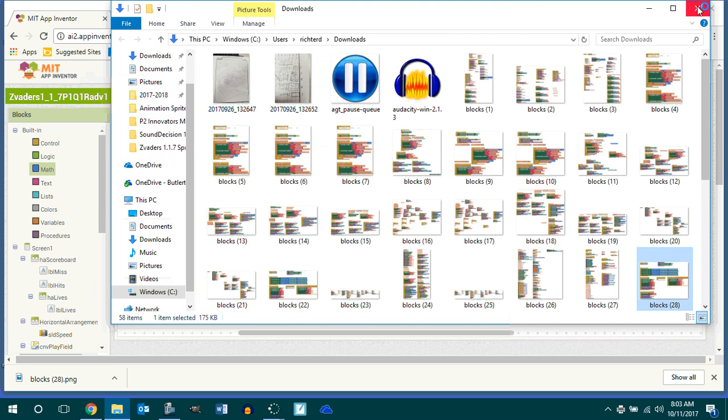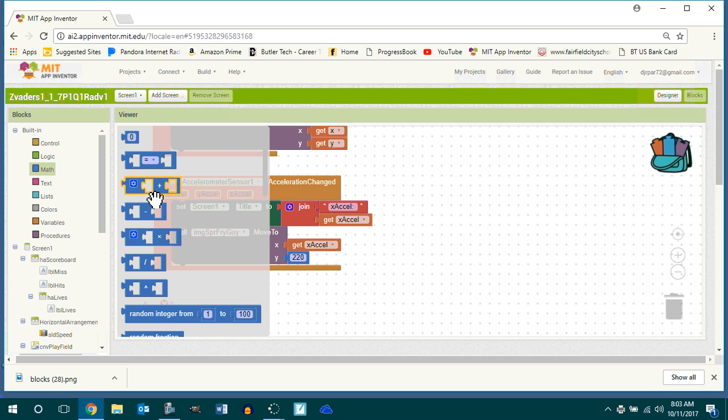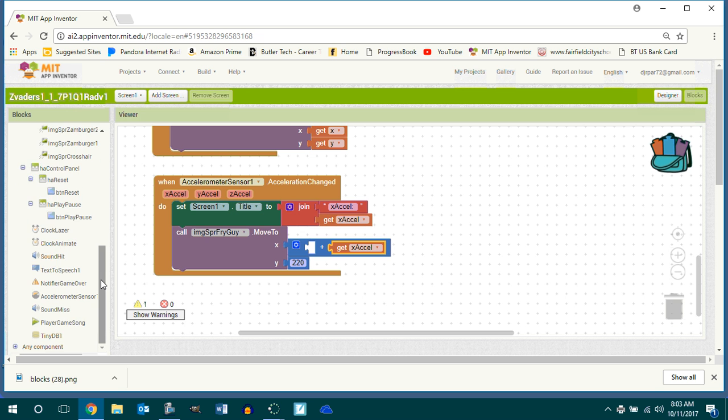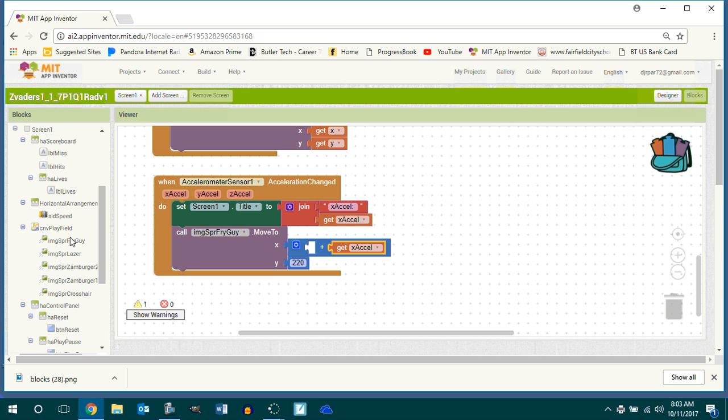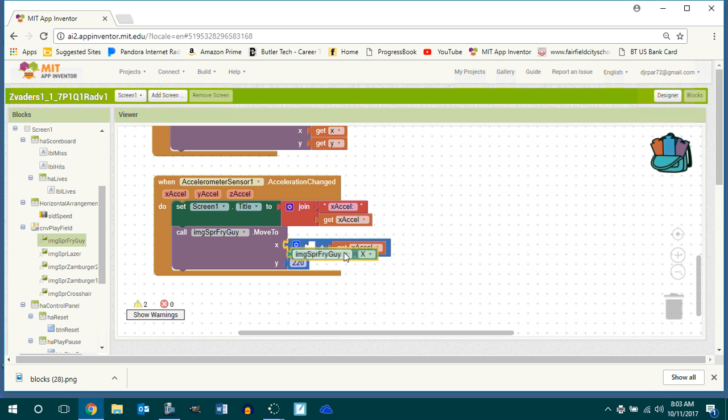So there's the code blocks. I think we're going to do some math here. I'm going to get my fry guy X, and I'm going to add the acceleration to it.